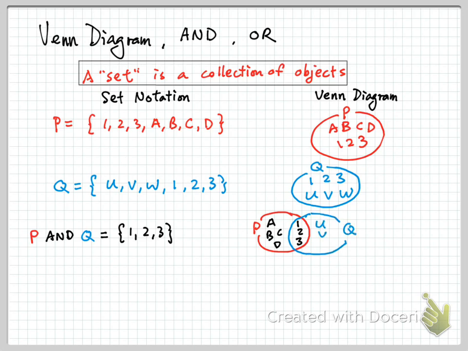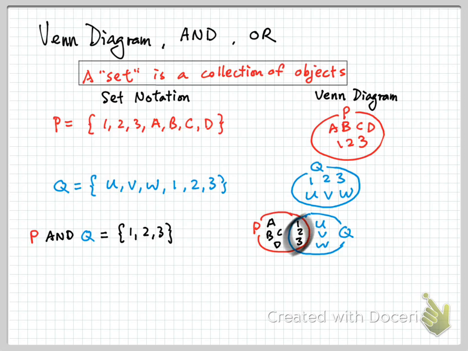We have 1, 2, 3, and the U, V, W over there. You see the numbers 1, 2, 3 are contained in both P and Q. So the collection P and Q will be the overlapping part between them, like this part. That would be the operator and. Let me highlight this part, which is P and Q.